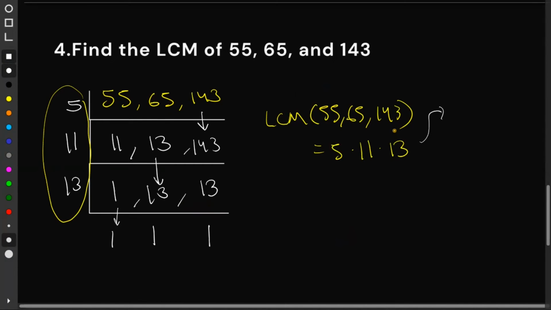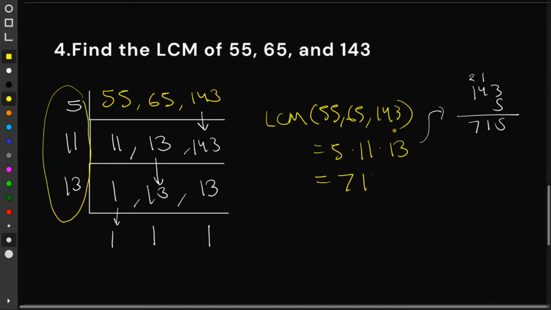First, 11 times 13 is 143, as we said a while ago. And 143 times 5: 5 times 3 would give us 15. 5 times 4 would give us 20 plus 1, so that's 21. This would give us 715. So their LCM is actually 715.